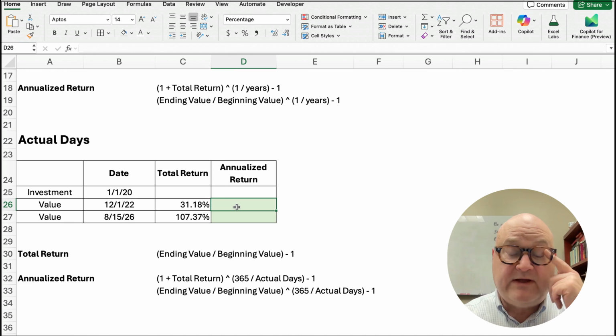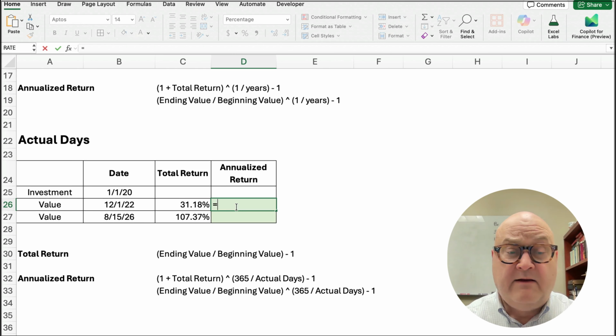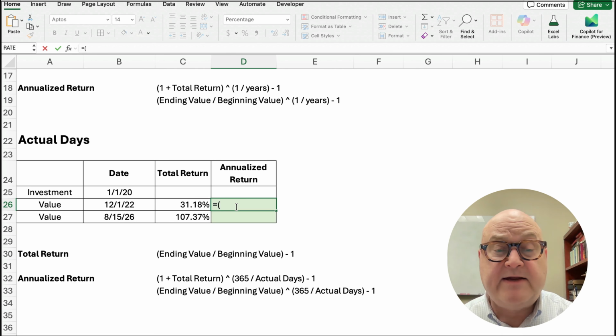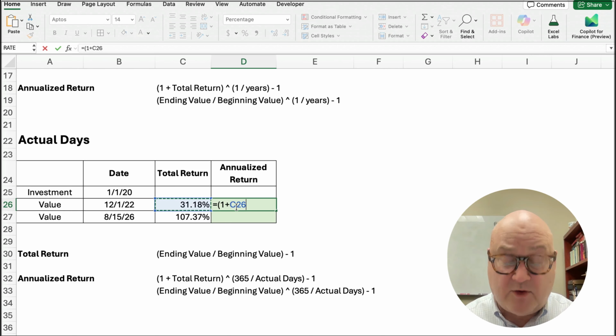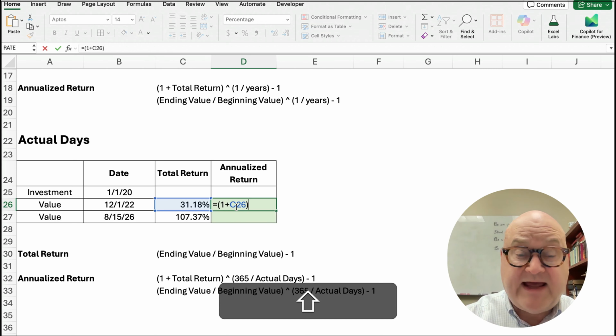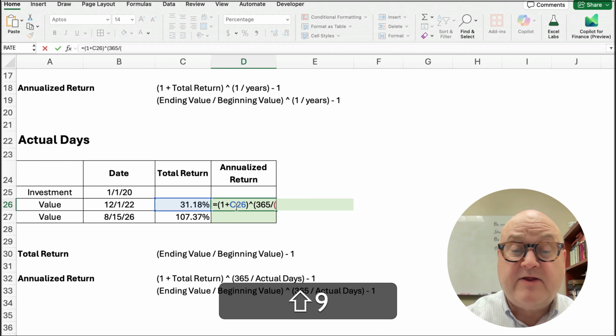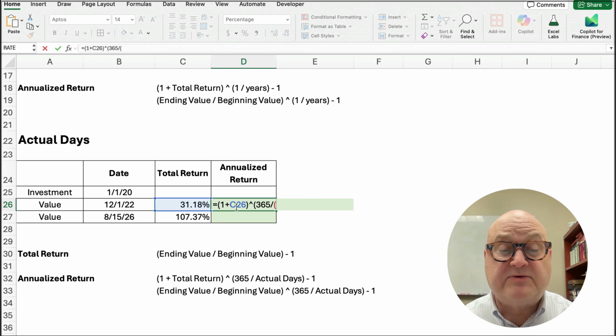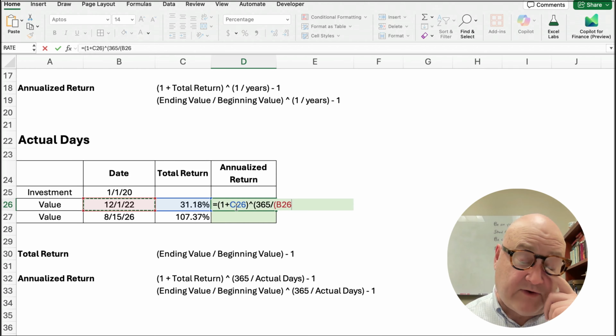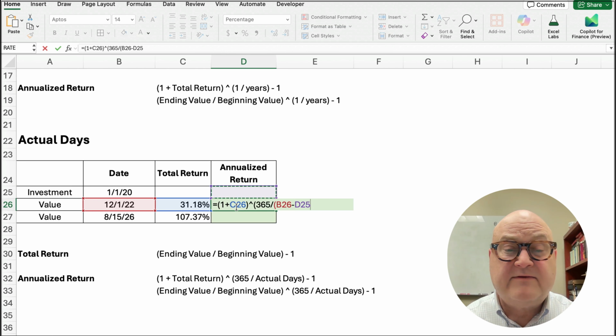So what we can do is start with a bracket here, 1 plus the total return, and we're going to use an exponent, and we'll do 365 divided by, and then we'll start another parentheses here, the actual days. I'm going to take December 1st, 2022 minus January 1st, 2020.